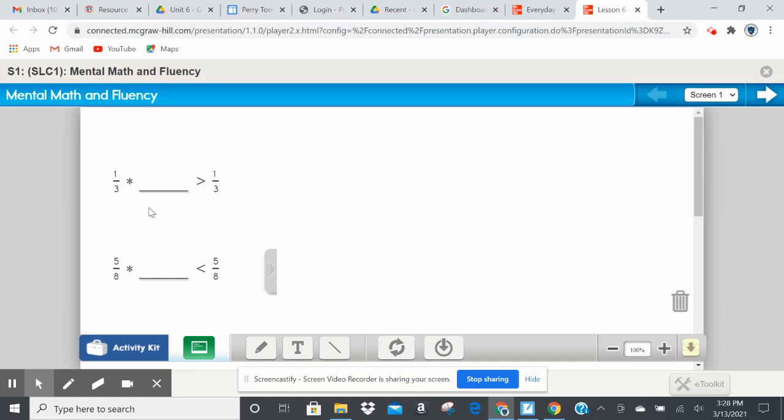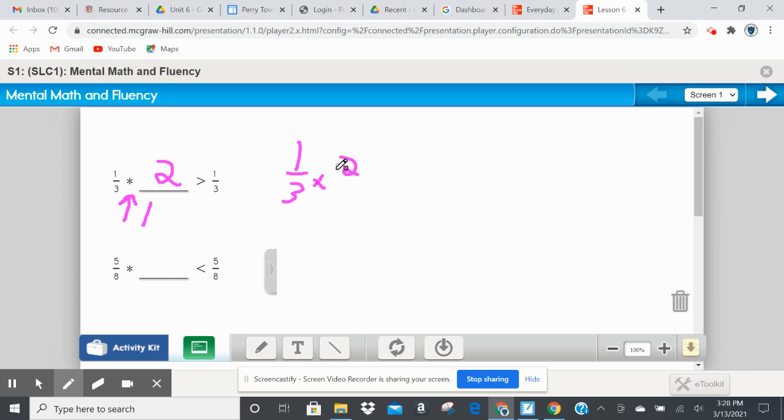So, for the first one here, we have 1/3 times blank is greater than 1/3. I'll give you a hint here. If we put anything that's going to be greater than 1 within this space, it's going to be greater than 1/3. For example, let's try 2. 1/3 times 2.